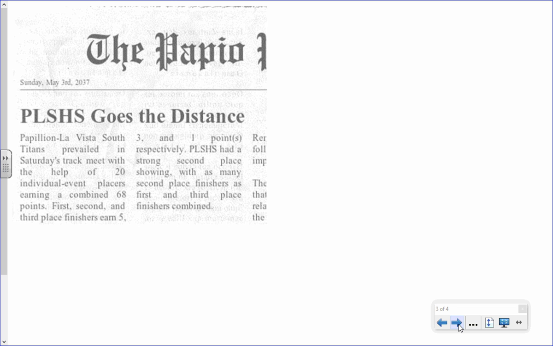Let's talk about some relevant information. Is 20 important? Yeah, we have 20 individual places, okay? For combined 68 points, okay? It says first, second, and third place finishes earn 5, 3, and 1 points respectively.